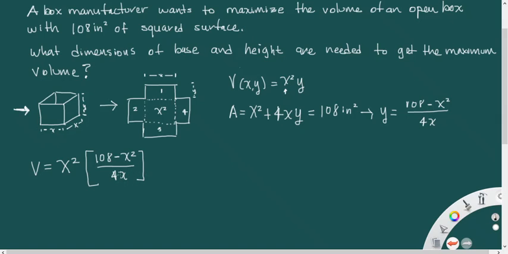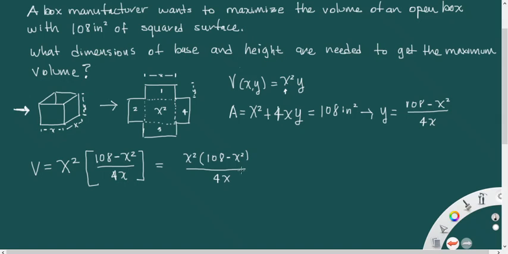Okay, and that is our new volume formula, because y is represented by this amount as a function of x. So this will be equal to x squared times 108 minus x squared divided by 4x.